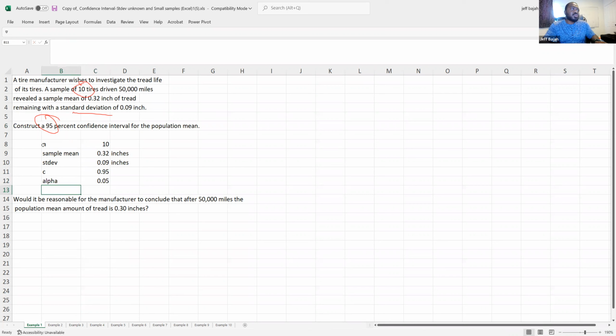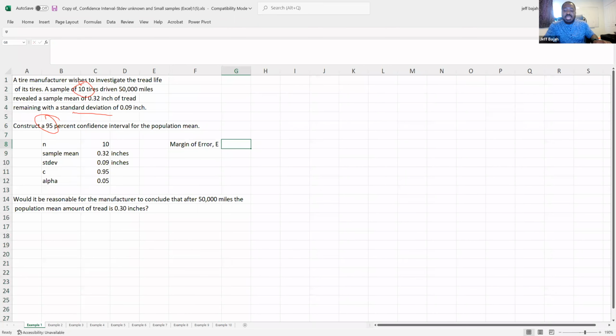We're told to construct a 95% confidence interval, so we're going to do our margin of error here, right? Because that's what's going to help us in creating our confidence interval. So I'm just going to make this a bigger space. If you remember, a couple of minutes ago we were solving for z-test, and for z-test we said that we use CONFIDENCE.NORM.